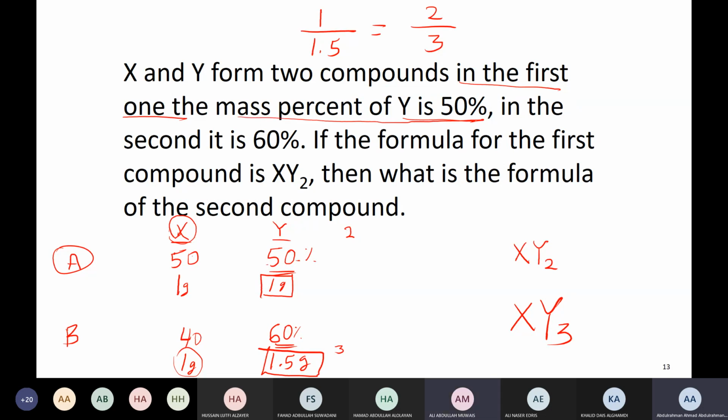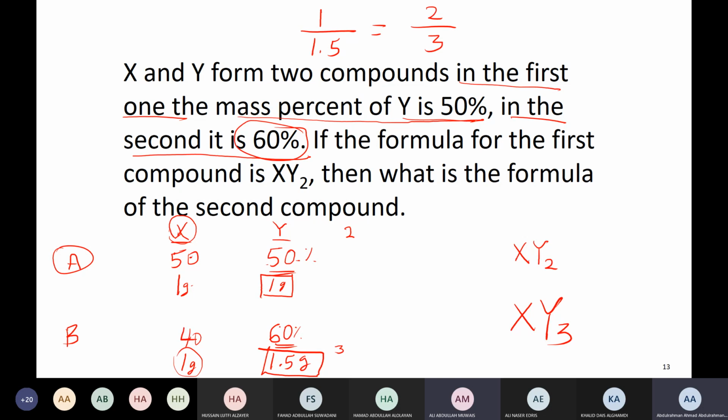In the second compound, Y was what? 60. So what will be X? 40, to make 100%.